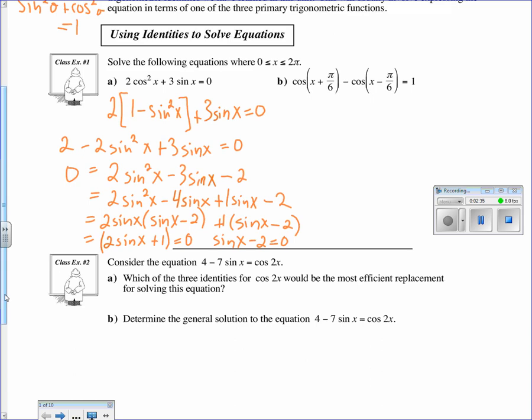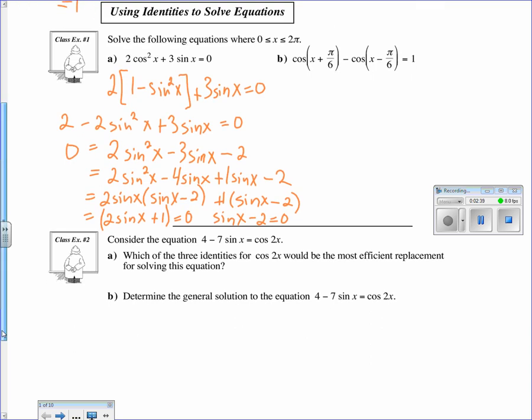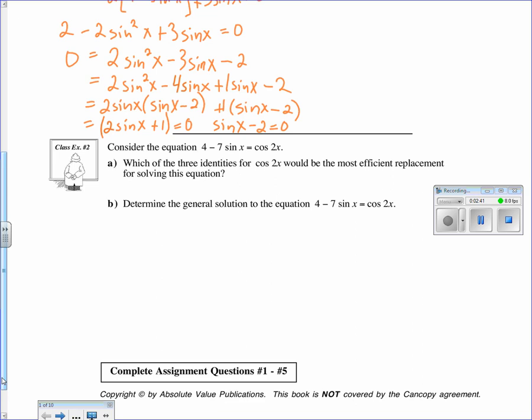So sine x would be equal to 2, which doesn't happen. There's no solution. And then 2 sine x plus 1 is equal to 0, which makes sine x equal to -1/2.